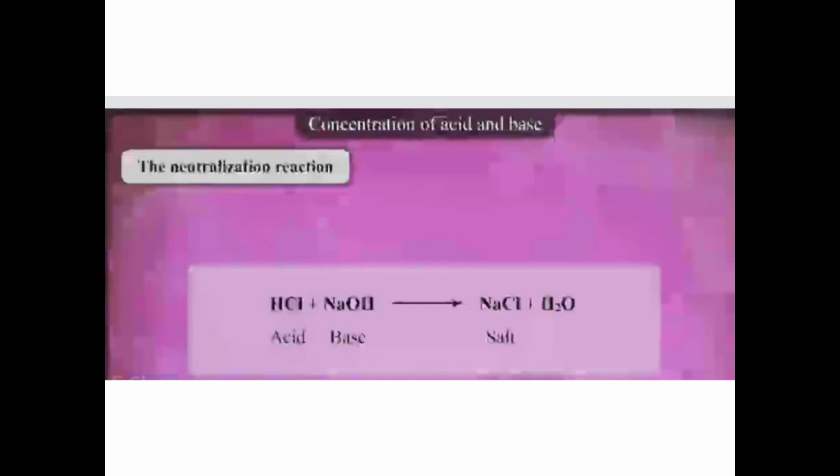So how will you say now the new way of defining neutralization? It is the process in which the H ion from the acid combines with the OH ions of the base to form unionized water. So H plus OH minus gives you H2O.